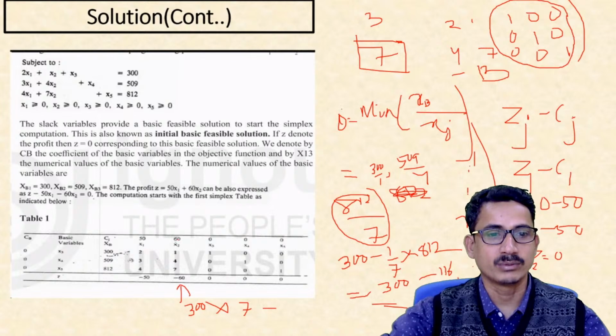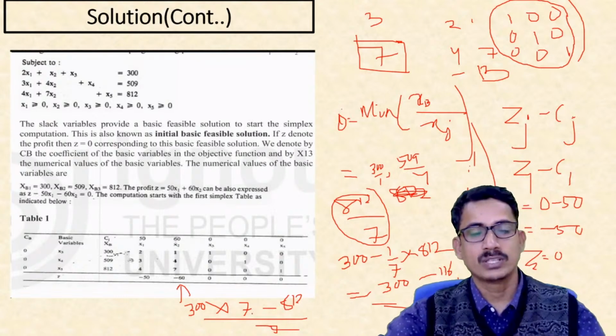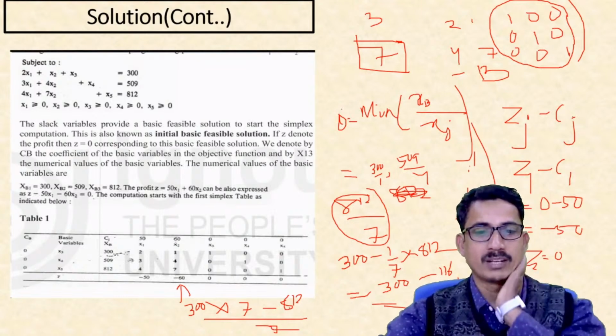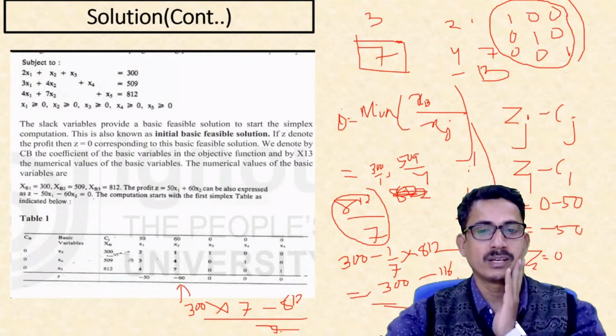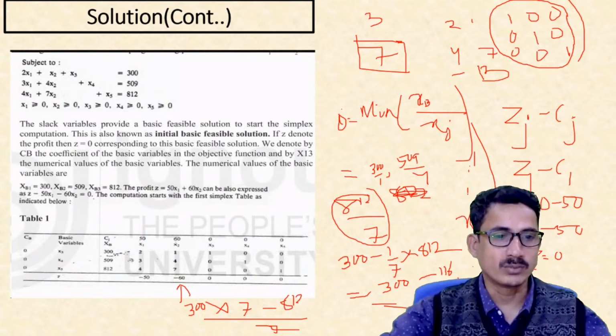The cross position of 300 in this entering column is 1 and its corresponding XP column value is 812. This into this, minus cross position 1 into 812, which is 812, divided by key element. Key element is 7. So this is what? 2100 minus 812 by 7. Again 184 will come. This is one way.